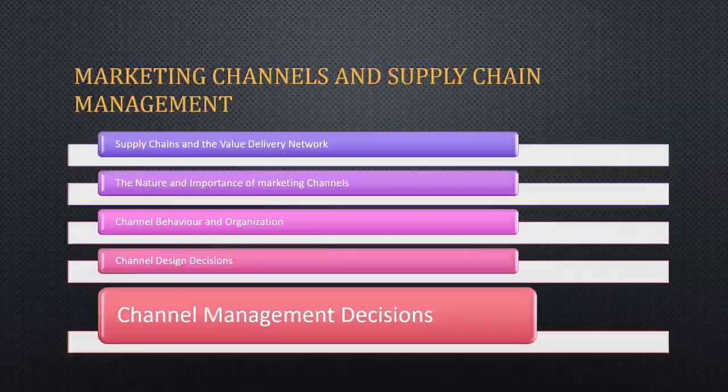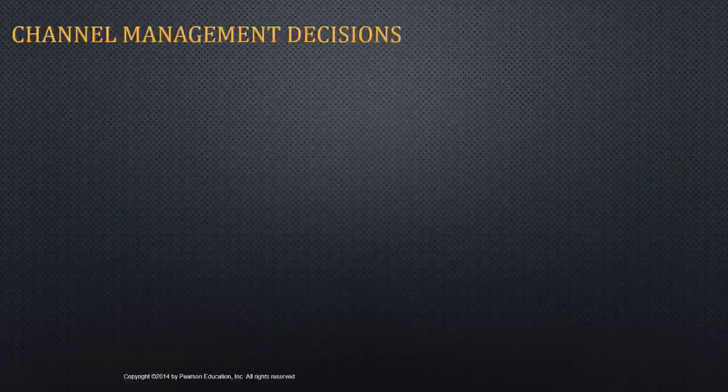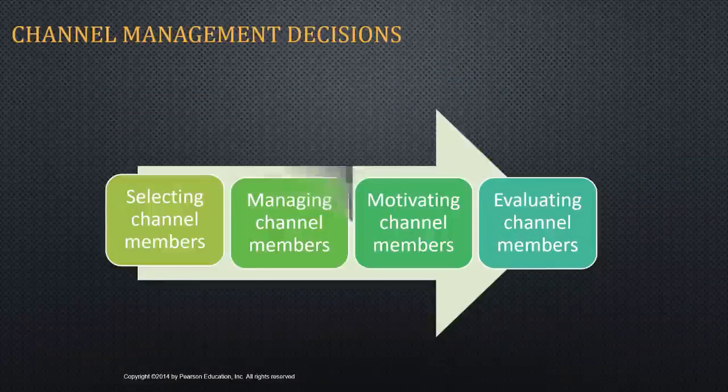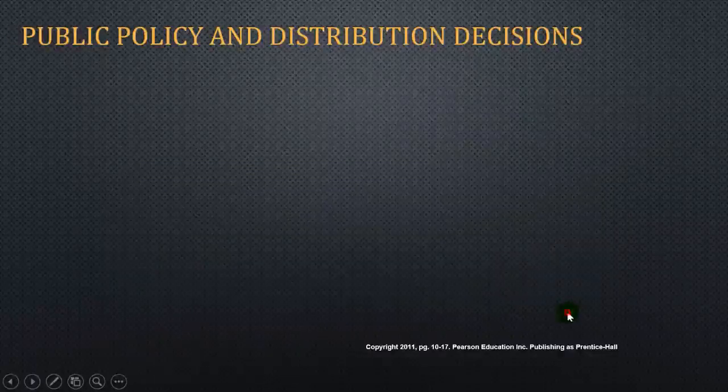Now we go to the next. We have marketing channels and supply chain management, and this time we learn about channel management decisions. The channel management decisions have four ways: selecting channel members, managing channel members, motivating channel members, and evaluating channel members.